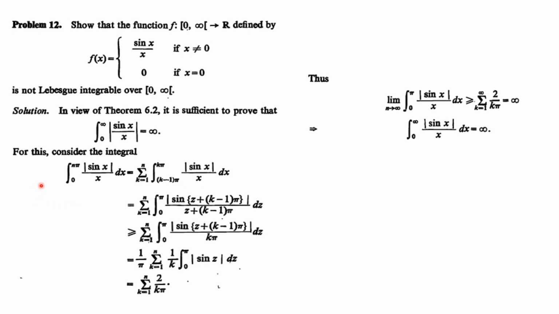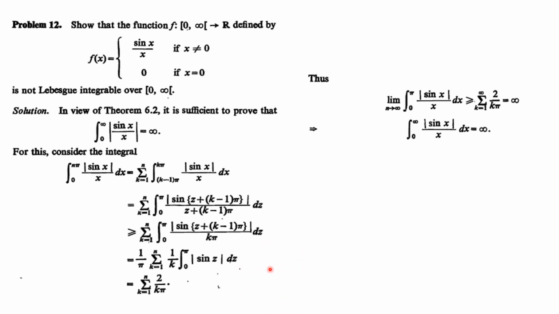So when you take the limit n going to infinity, the value of this integral will be greater than or equal to the summation for k varying from 1 to infinity of 2 upon k pi. Now this is a series behaving like the series 1 over k, and we know by the p-series test that this series is divergent.